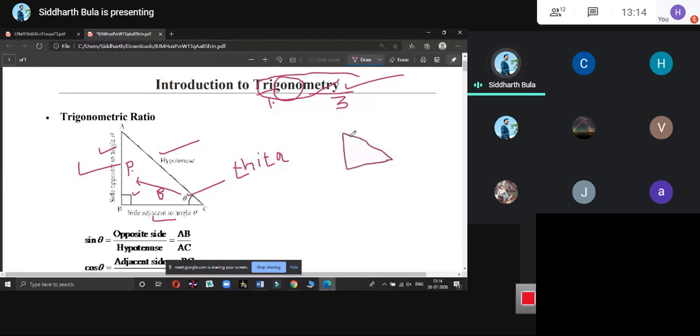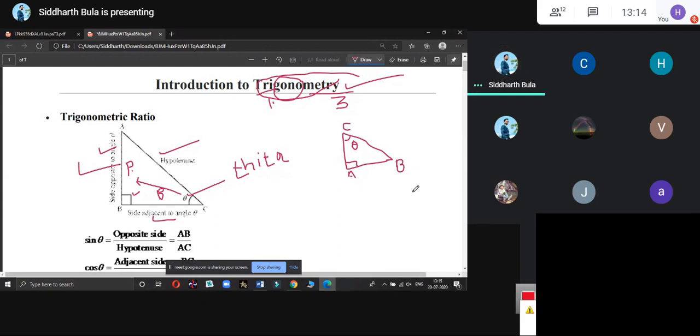If I say this is theta and this is 90 degrees, this is A, this is B, and this is C. Now, from the 10th class, from today on, this concept should be in your mind: not necessarily the side which is vertically standing is always the perpendicular.